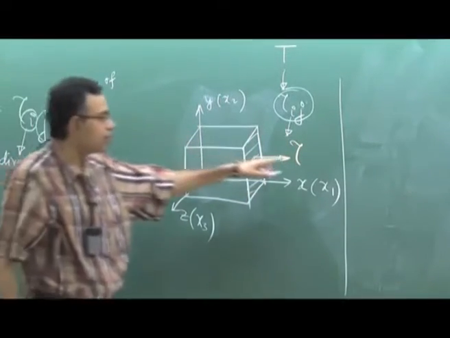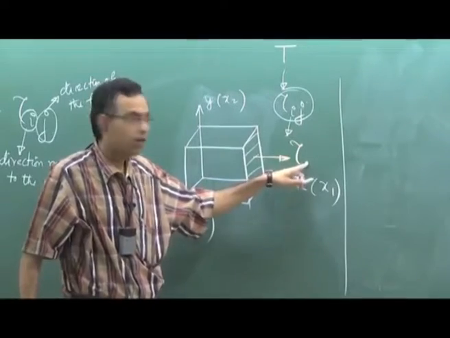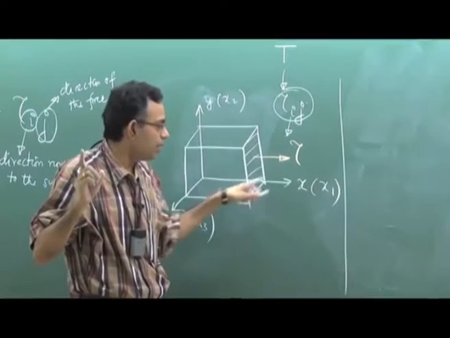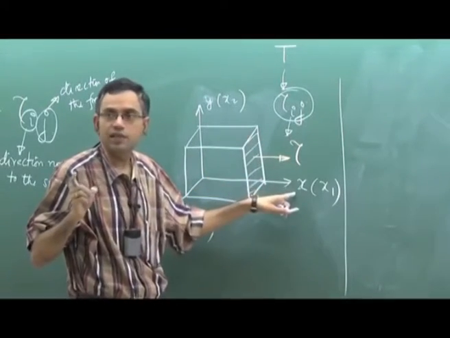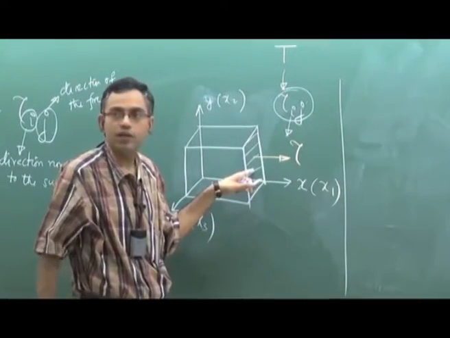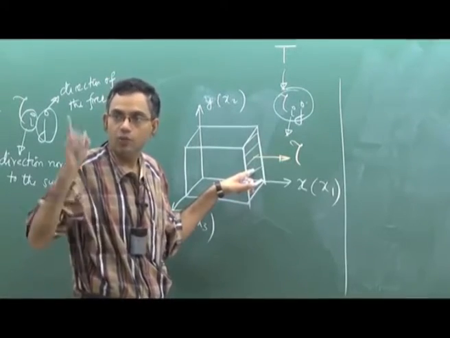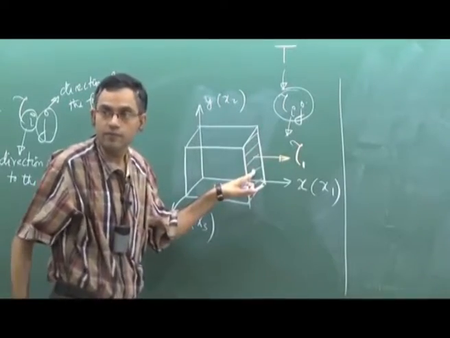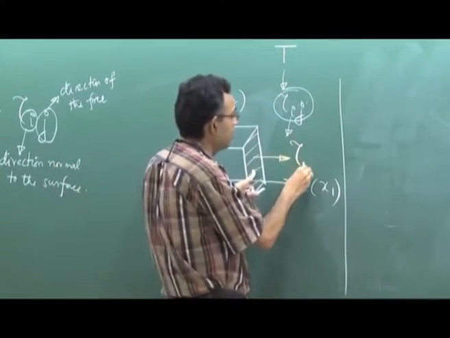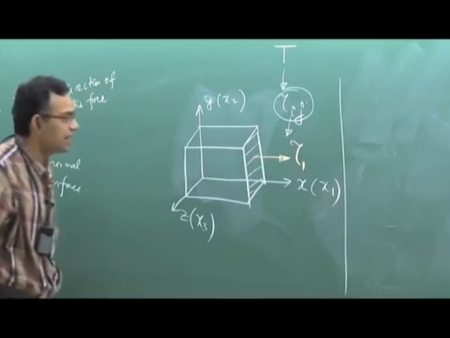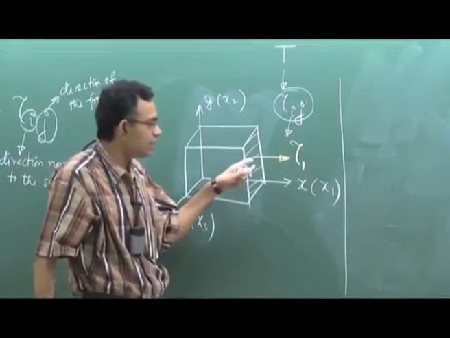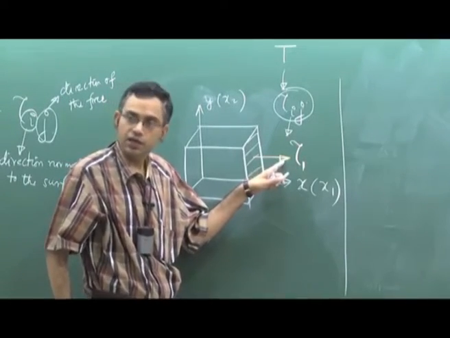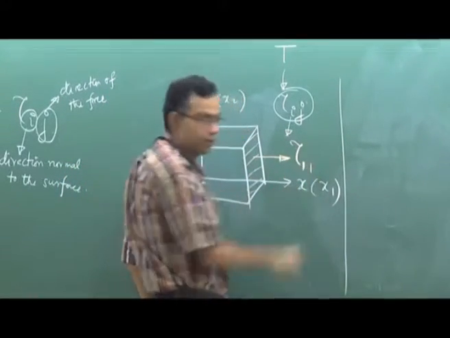You have to tell what will be the indices. What will be the first index? The first index is the normal to the surface under consideration. This surface has normal in what direction? x1, right? So the first index is 1. The second index is the direction in which this force is acting. That is also 1. So this is tau 11.